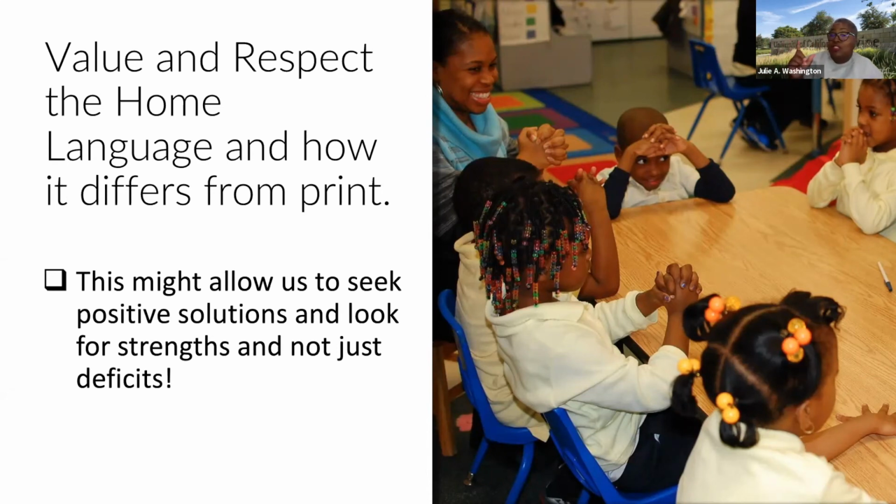I do not disagree that kids need to learn the language of school, but how we get them there, I think, is really important. And so the idea of translanguaging is that we do not suppress the language that kids are experts in. They are experts in the language they bring to school. They know how to use it. They know the morphology, the phonology, the syntax, the pragmatics.